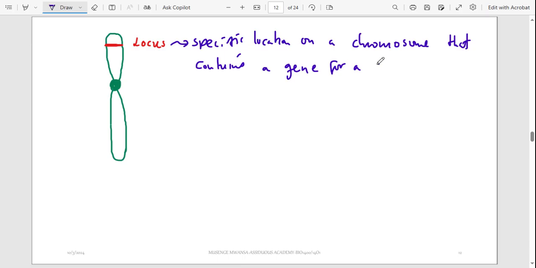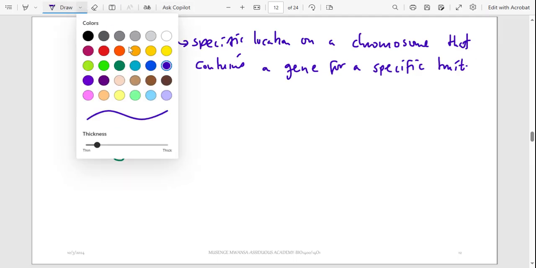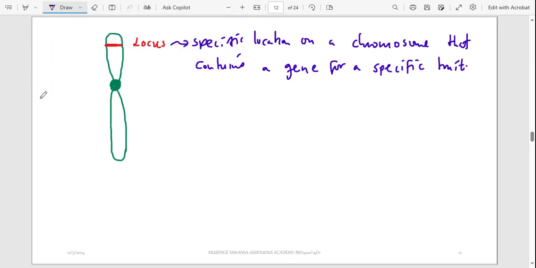Don't forget it is a specific trait. Like for example, eye color, maybe also your body color, anything.